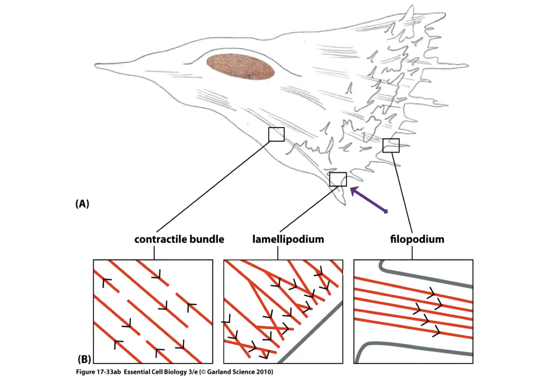Once you get to the edge, they're also stretching in mainly one direction to push out this edge of the cell, but also pushing outward, sideways, to stretch out the entire cell, to broaden the cell at that point. Once you get to filopodia, they're all going in one direction to push out those cellular feet, essentially, to start attaching to a surface and then retracting again, thus pulling the cell in that direction.